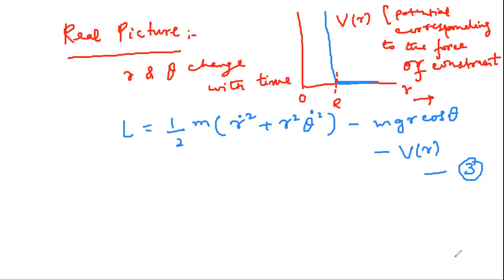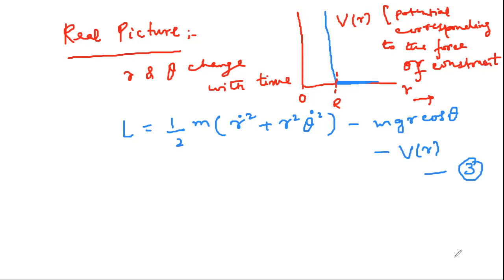So see the Lagrangian. The first term is kinetic energy, that has two parts. One is half m r dot square. This is the kinetic energy pertaining to motion of the particle along r. As I told you, it will sink and come back, sink and come back as it goes along the surface. So in the radial direction, it is moving. So r dot is velocity in the radial direction. So this term is the kinetic energy pertaining to its motion along r, that is, that sinking process.